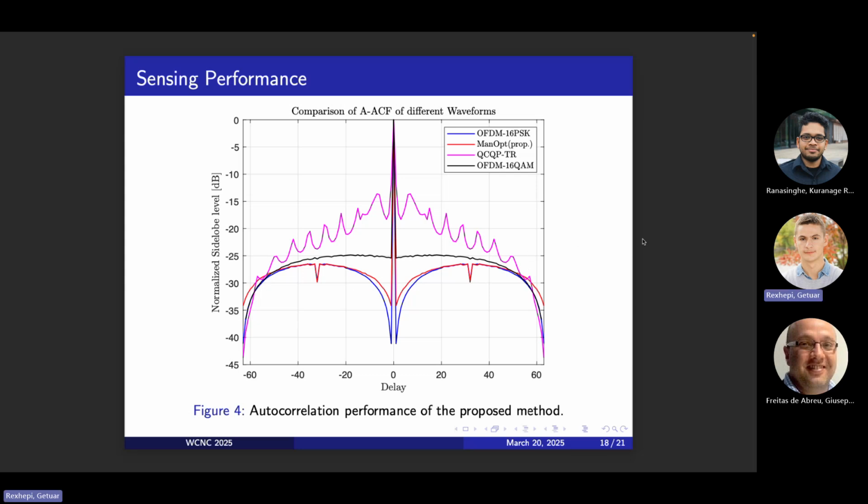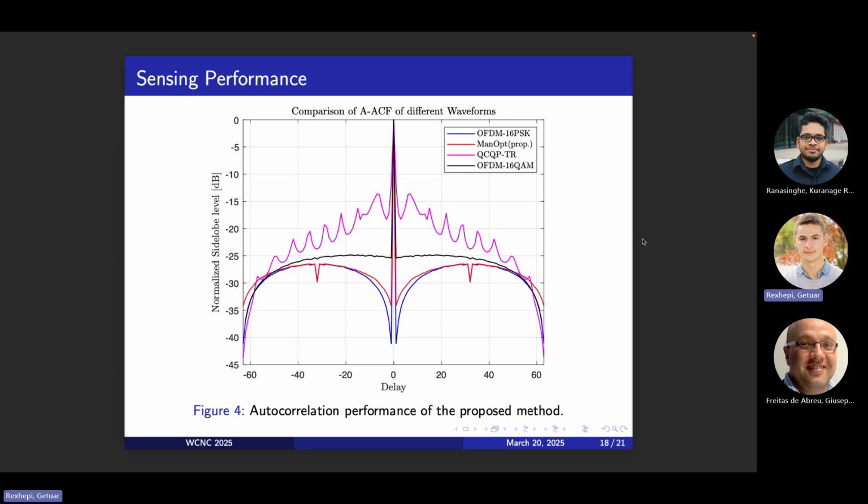Also, it's worth mentioning that if you would have used the optimal tone reservation, the peak reserved tones that you would get from the convex problem, the line in pink, the performance is very bad, and this can be illustrated via some ranging experiments that I'm going to show later.